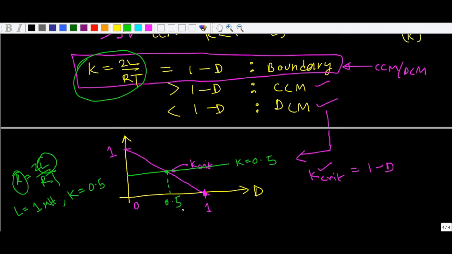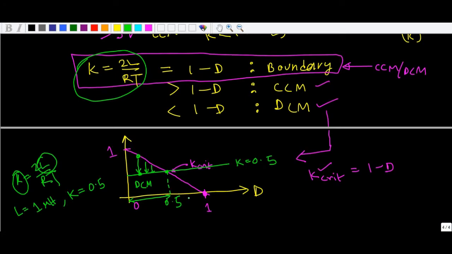Because now if my circuit is operating at a duty cycle of less than 0.5, that is in this range, then my circuit will be in DCM, because in this region my value of K is less than the critical value. How much less? This much.